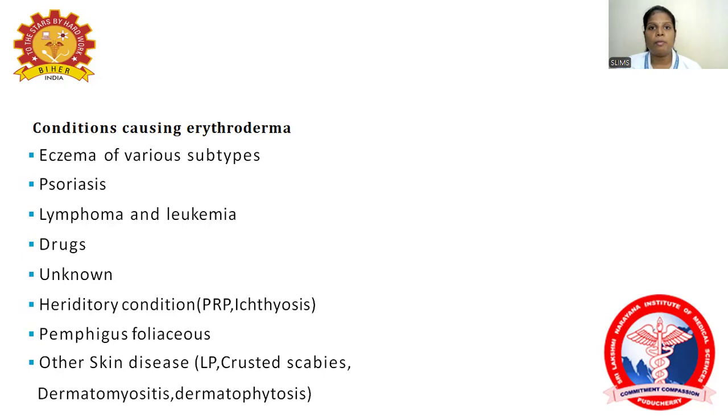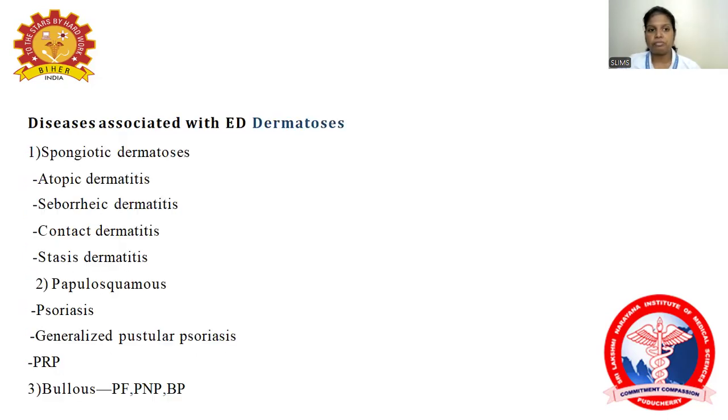So we'll see the conditions in more detail: eczema of various subtypes, psoriasis, lymphoma and leukemia, drugs, unknown etiology that is known as idiopathic, hereditary conditions like pityriasis rubra pilaris and ichthyosis, pemphigus foliaceus, other skin diseases like lichen planus, crusted scabies, dermatomyositis, and dermatophytosis.